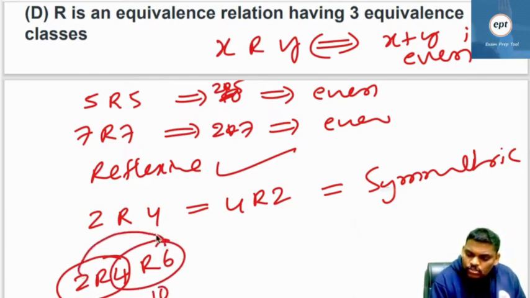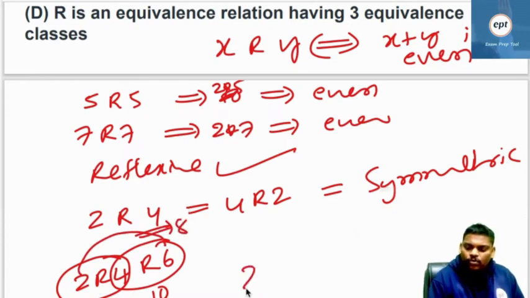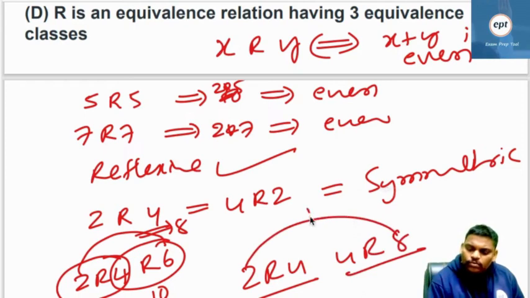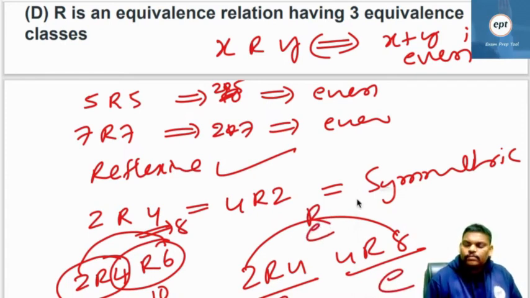Then 2 plus 6 is 8, which is even. 2 related to 4, 4 related to 8, then 2 related to 8 also. This is even, this is even, this is also even. So transitivity is also satisfied.